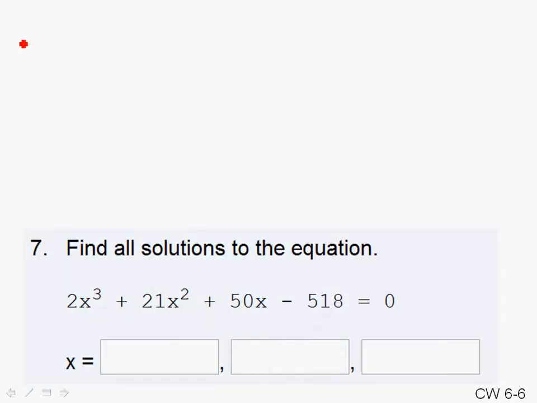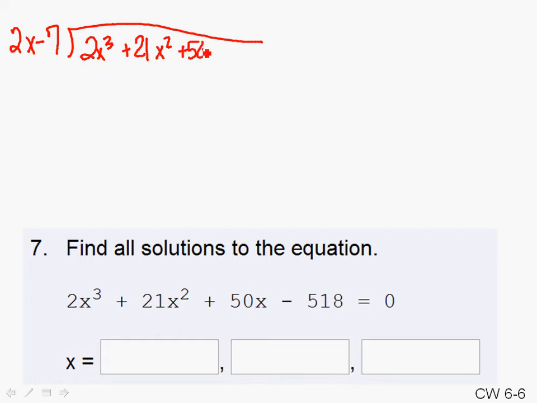So we divide 2x minus 7 into 2x cubed plus 21x squared plus 50x minus 518.